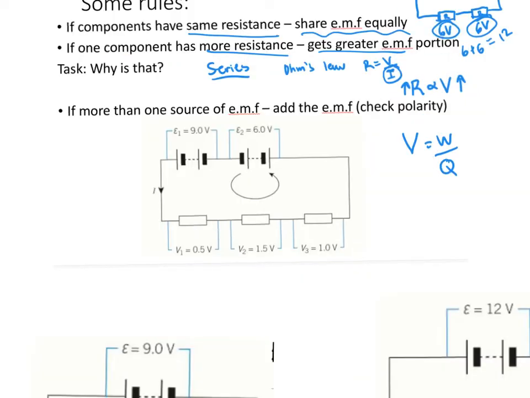So the last rule I wanted to talk about is if you have more than one source of EMF, meaning 2 or 3 or 4 cells connected in different ways, then you have to add the EMF in terms of polarity. This is an example here. This is a series circuit because all of your components are connected in a single loop and current only has one single path to flow through.